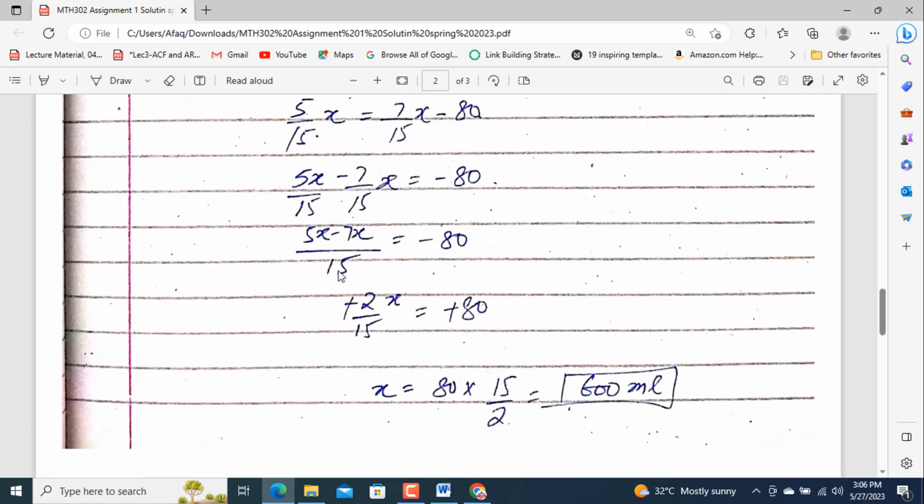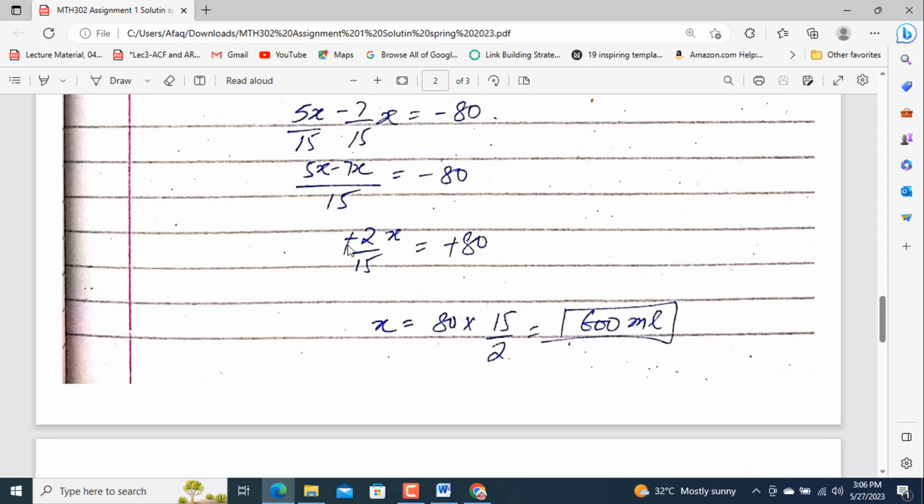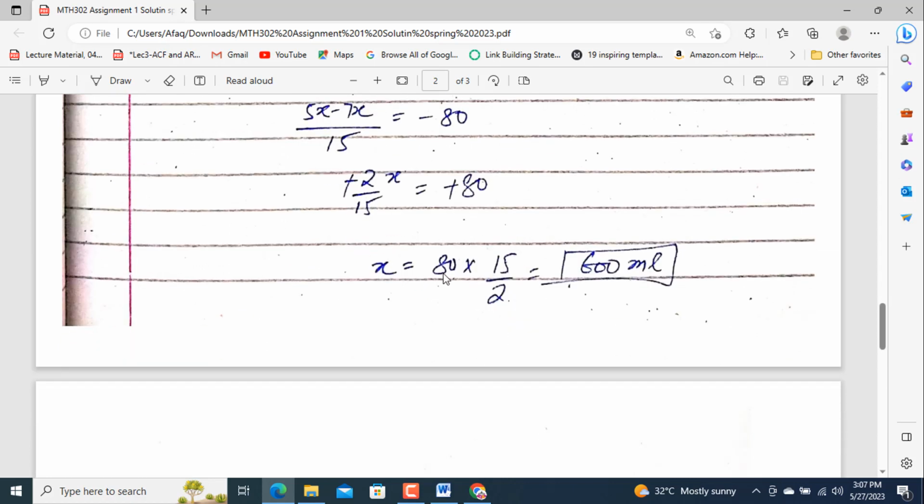Taking the LCM, 15, 5X minus 7X is equal to minus 80. So 2/15 X is equal to 80, the minus signs cancel each other. X is equal to 80 into 15 by 2, so we get 600 milliliters. Now we know that the total amount of milk is 600 milliliters.